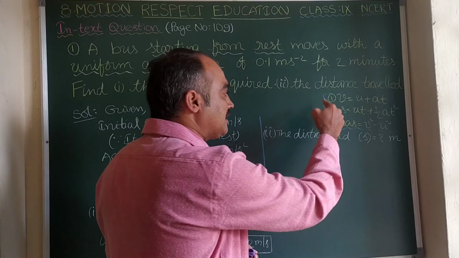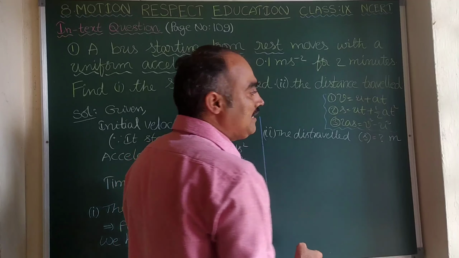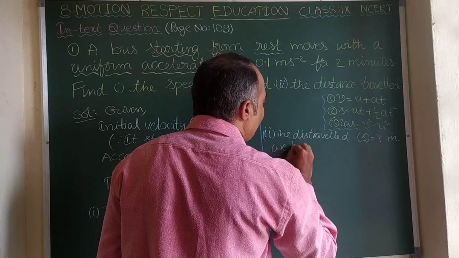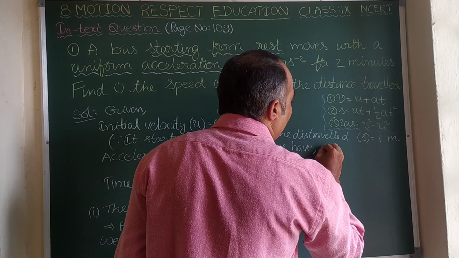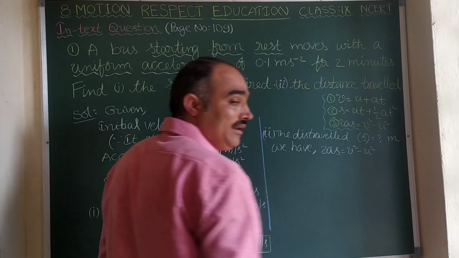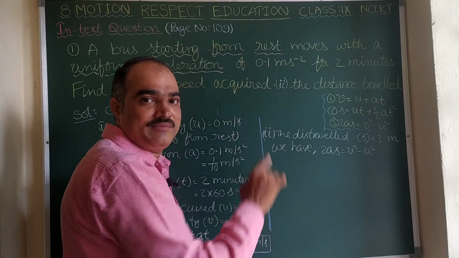That's why here you can use either second one or third one. Here I am taking the third one because that is easy for solving. So here we have 2as is equal to v square minus u square. Even if you use the second equation, then also you will get the same answer.